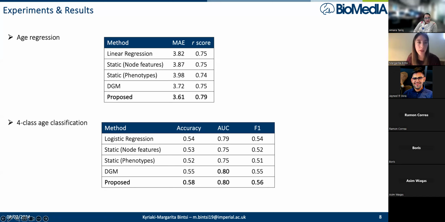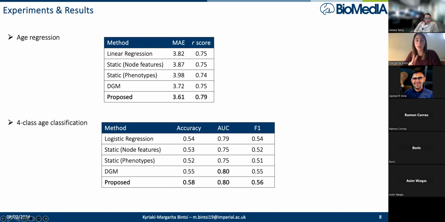And here we can see our results. We had some baseline methods. First of all, because we said that sometimes if the graph structure is just bad, it's not optimized, we have results even worse than a simple graph agnostic method. We trained a linear regression for age regression and a logistic regression classifier for the classification problem.